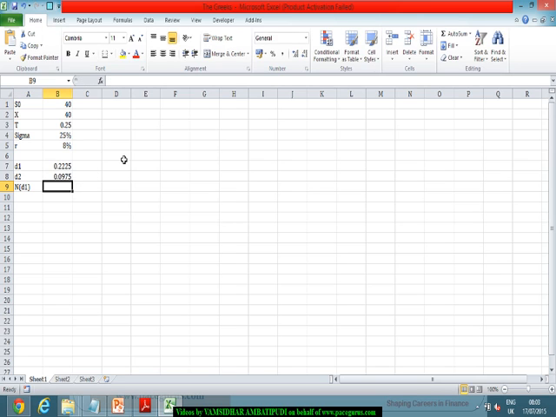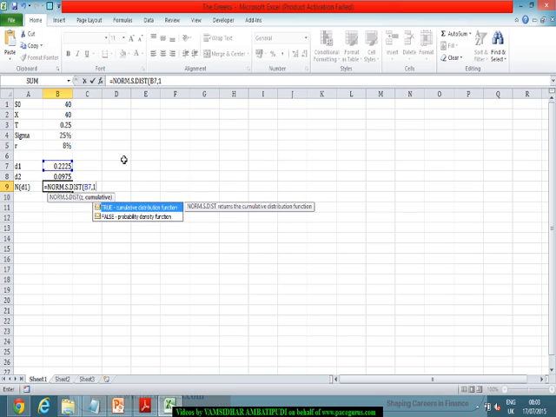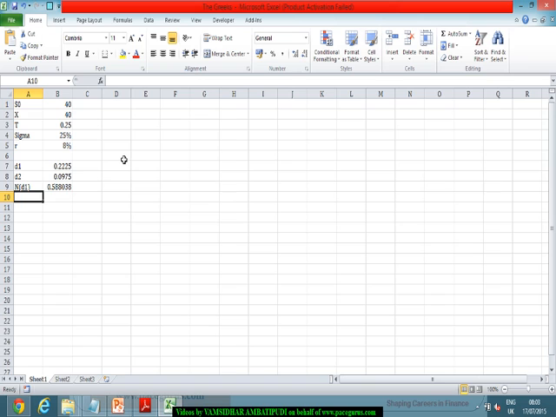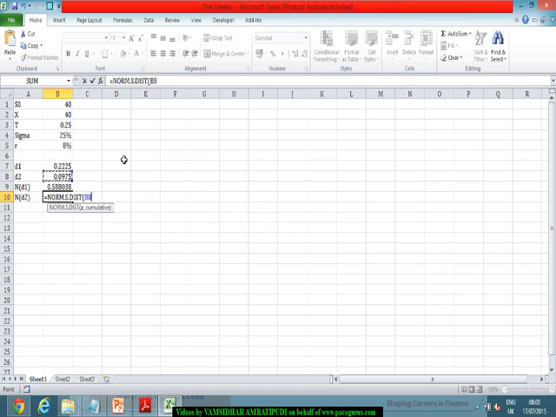I can find out the N of D1, which is using the NORM.S.DIST function. N of D1 is computed as 58.8%. The same thing comes out with N of D2 using NORM.S.DIST. I take this D2 and cumulative, which says 0.53. From here comes the price of my call option, which is nothing but S naught times N of D1 minus the present value of X, X by e power rT, times N of D2.